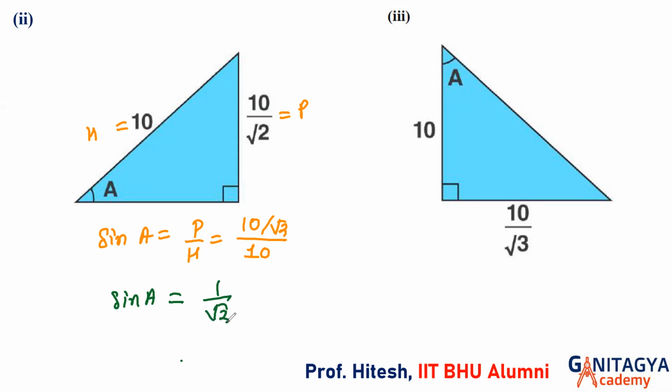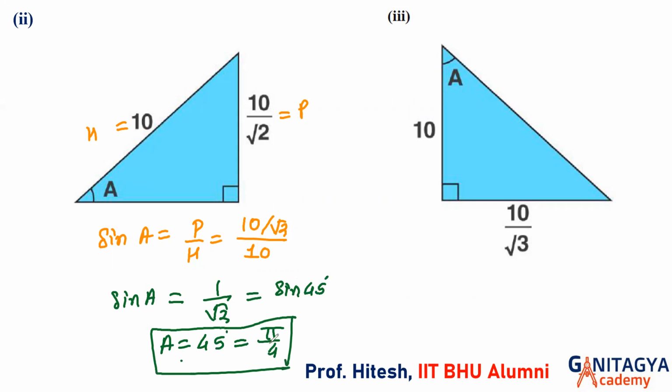What is 1 upon root 2? 45 degree. So A is equal to 45 degree, which is pi by 4 radian. There is always a mistake with degrees and radians, since a long time, but we will try to rectify it. Pay attention to angles in degrees and radians.